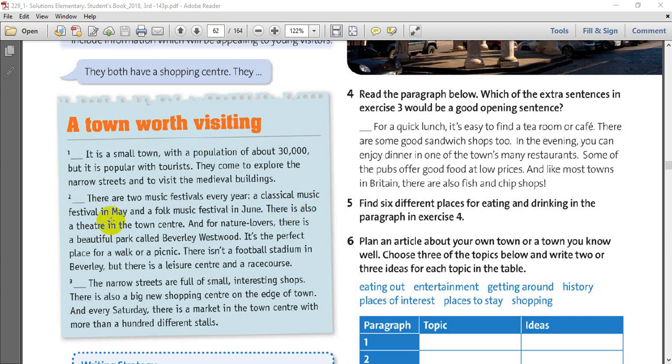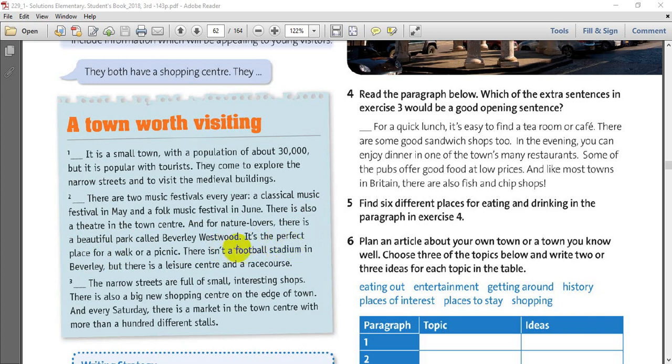There is also a theater in the town center. And for nature lovers, there is a beautiful park called Beverly Westwood.